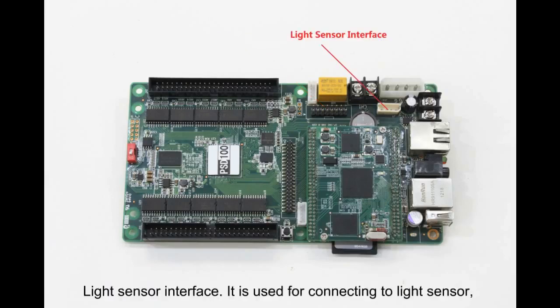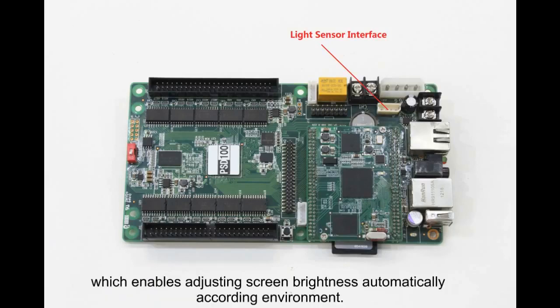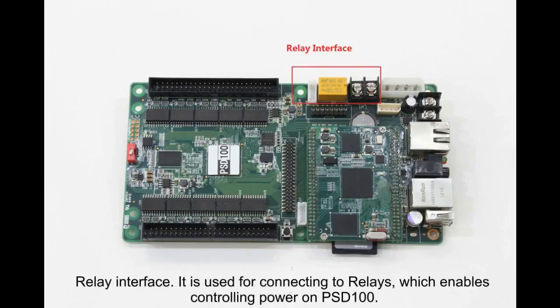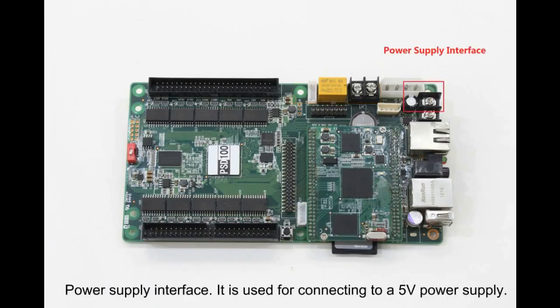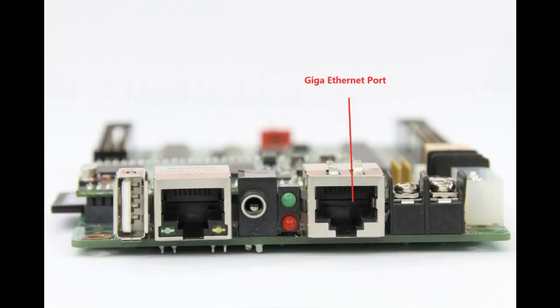LED sensor interface is used for connecting to a LED sensor, which enables adjusting screen brightness automatically according to the environment. Relay interface is used for connecting to relays, which enables controlling power on PSD100. Power supply interface is used for connecting to a FAT-V power supply.